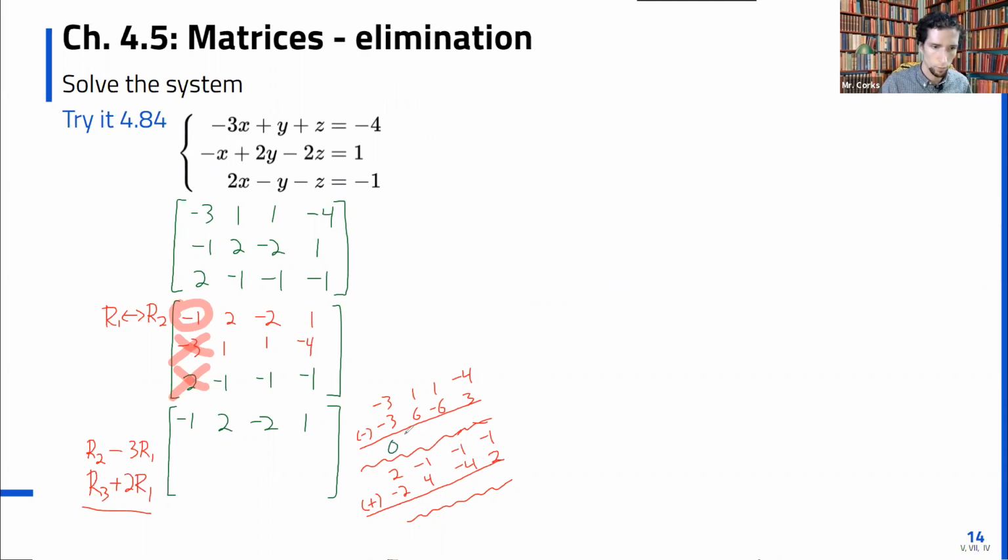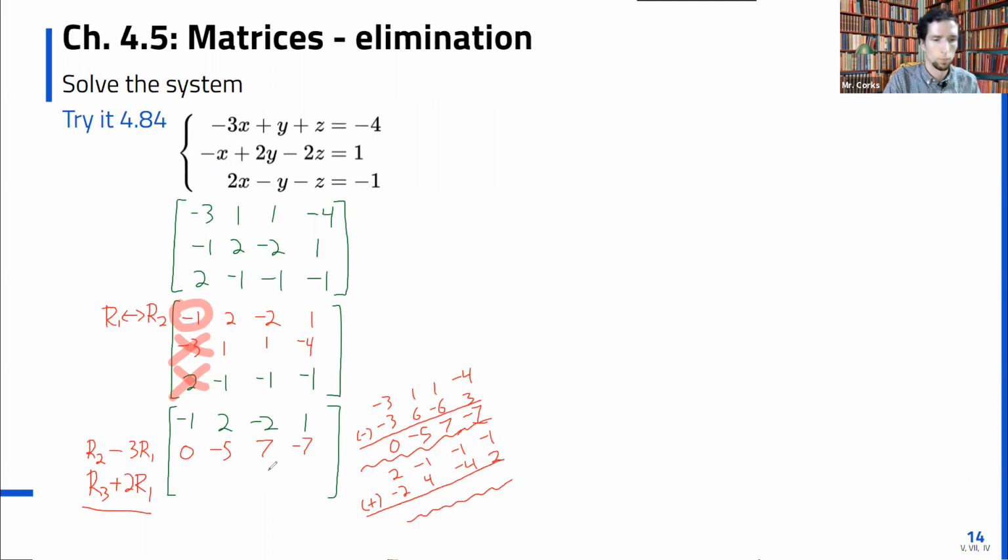Okay, 0, 0, -5, 7, and -7. So that's just the result here on the side, and we'll put that in. -5, 7, -7.